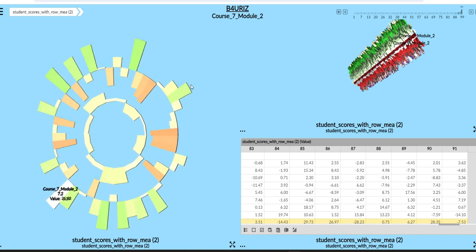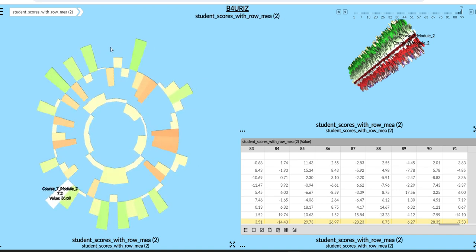Here we have the same outer boundary, obviously, and this is the differential on those courses. So you can see the outstanding students and you can see the lack of performance students because they're below the criteria line of the mean average as being the basis.